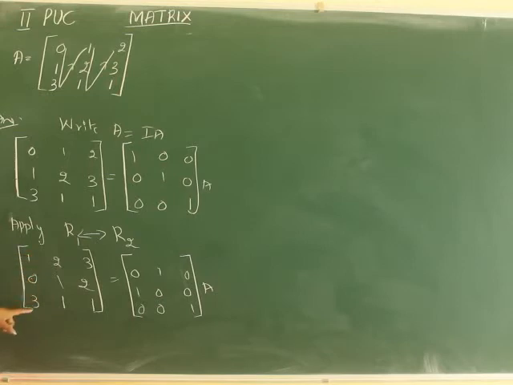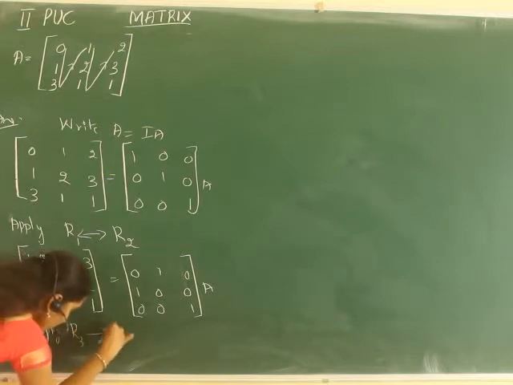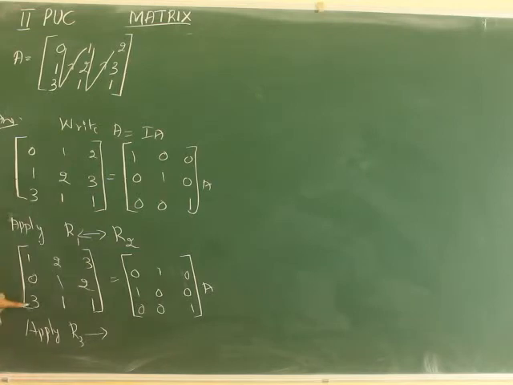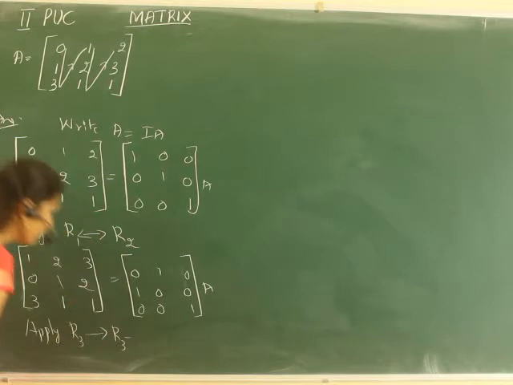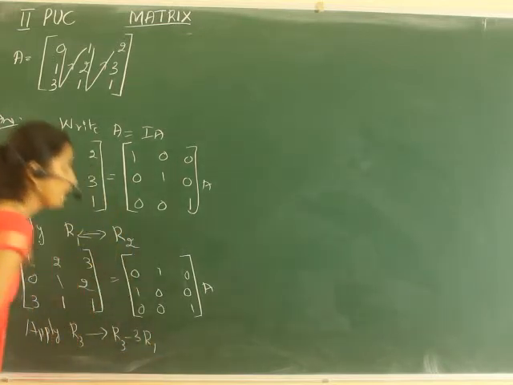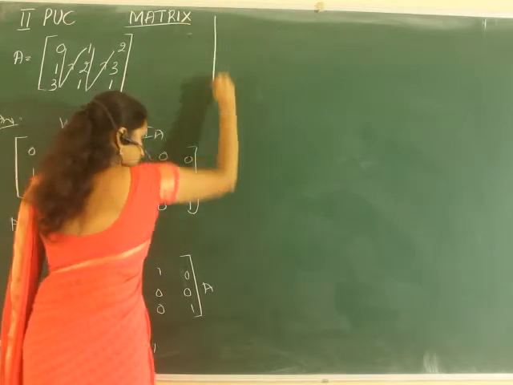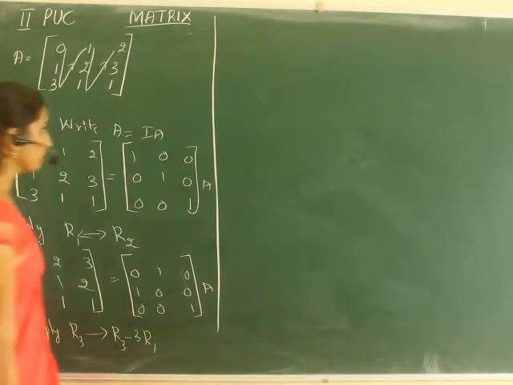So how can I make it 0? Apply R3 changes to R3 minus 3 into R1. Then R1 and R2 remain as they are.